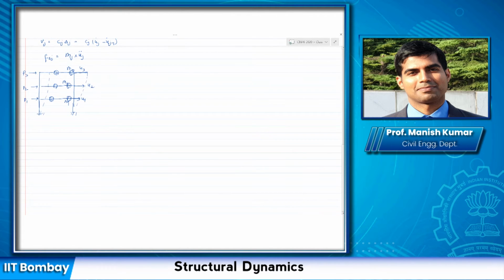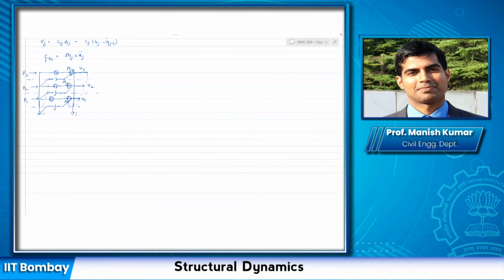And I have a damper as well, which was connected something like this. What I'm going to do for this case is cut my structure at 3 places, one here, the second one between here, and the third one here, and then draw the free body diagram and see how it looks.